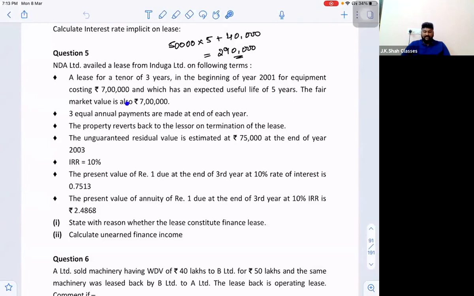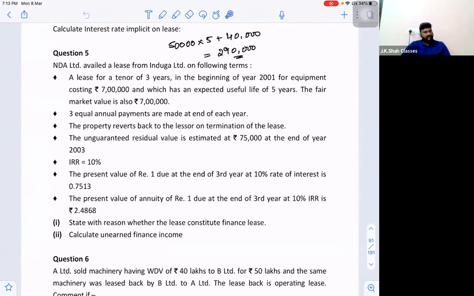And the fair market value is also 7 lakhs. So the fair value of the asset is 7 lakh and the lease term is 3 years. Total life of the asset is 5 years. So can I say one thing, that 3 out of 5 means roughly exactly 60% of the life of the asset is covered by the lease term.